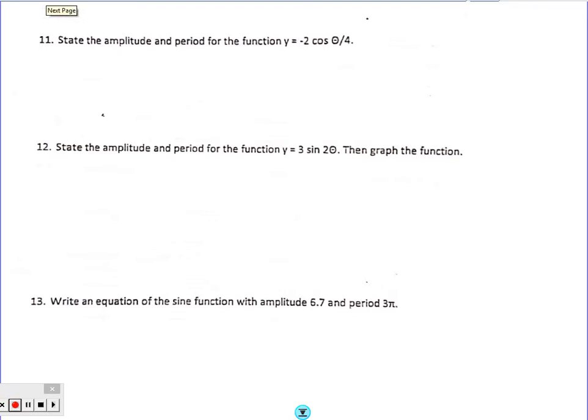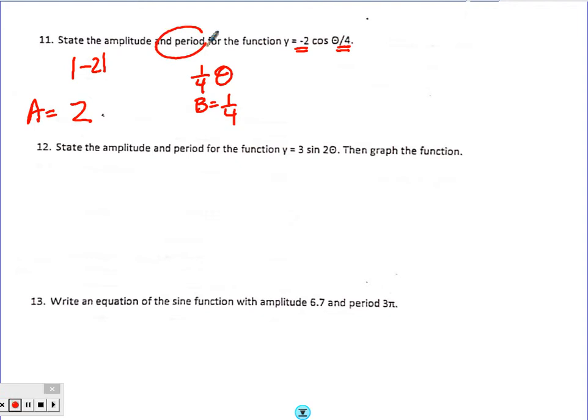Alright, state the amplitude and period of that function. Amplitude right here, period. Be careful, amplitude is the absolute value of -2. So amplitude is 2. And this says theta over 4. Be careful, 1/4 is your b value. It's the number in front of theta. So b is 1/4, but that's not what they asked.